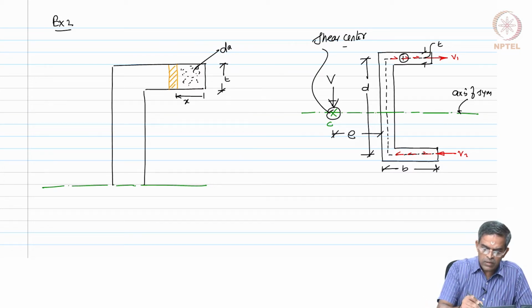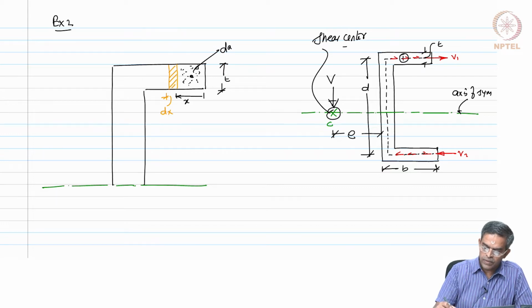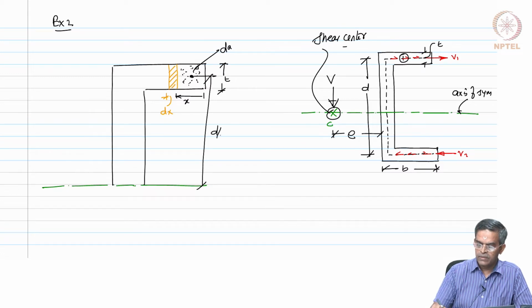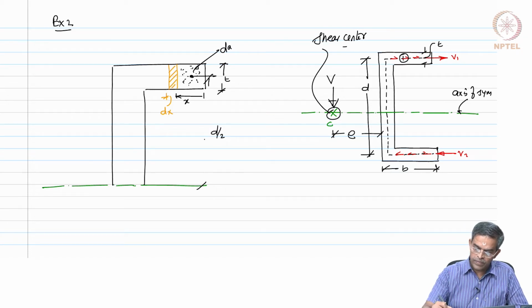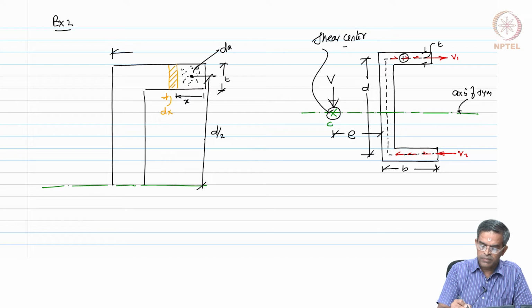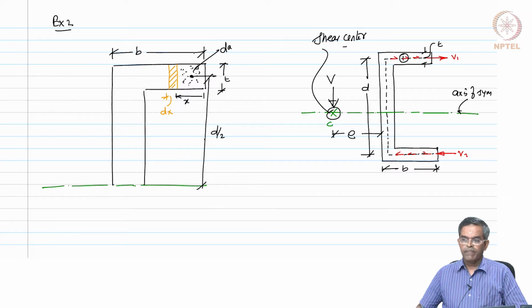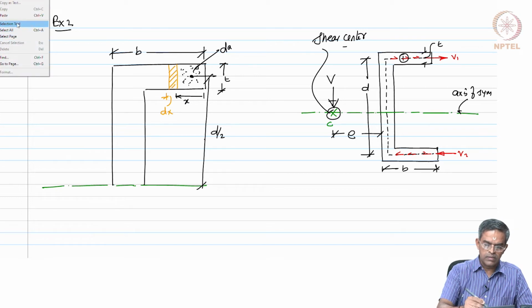Let us call the thickness of the strip dx, and the CG of this dA from the shear center is D by 2 from the figure, and we know that this is the breadth of the flange. Let us copy this figure and move to the next page.